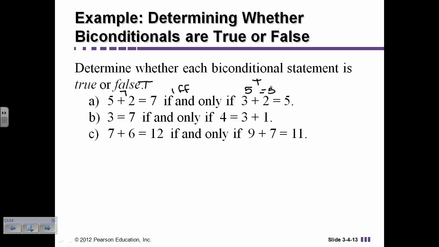Okay? So then when we look at the second example, 3 is equal to 7 is false. 4 is equal to 4 is true. So since one of them is false and one of them is true, our overall result will be false.